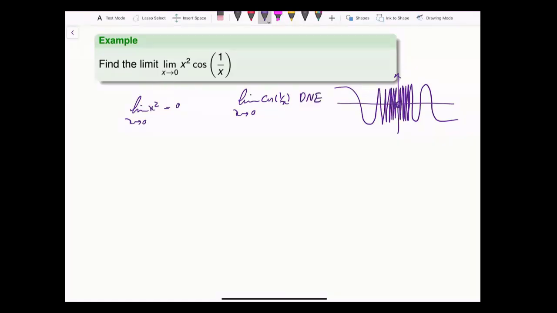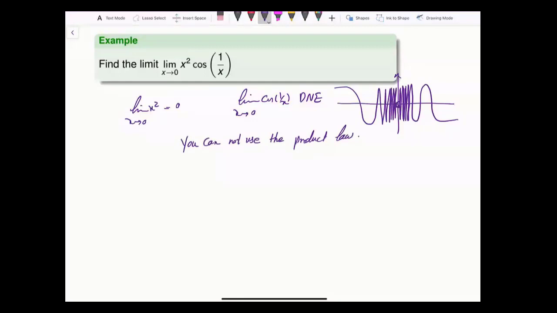If one of the multiples does not have a limit, you cannot use the product law. And not being able to use the product law doesn't mean that the limit does not exist. It means that you have to find a different way.